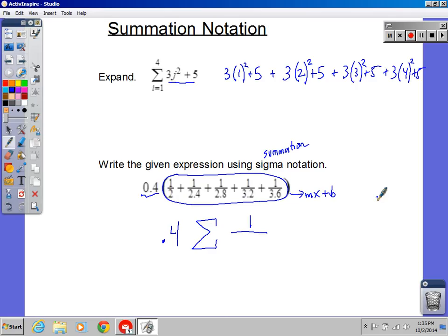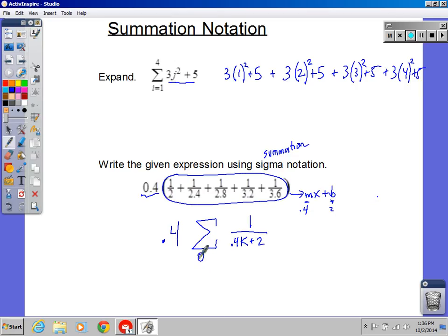Or we could let 2 be our 0 value, which means that it is our starting point, and the growth is very simple. Here the growth is growing by 0.4 each time, so we would end up with 0.4k plus 2. Because we're using 2 as our 0 value, we must start at 0.